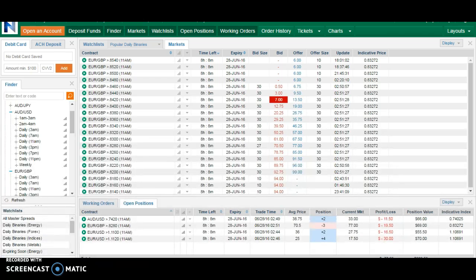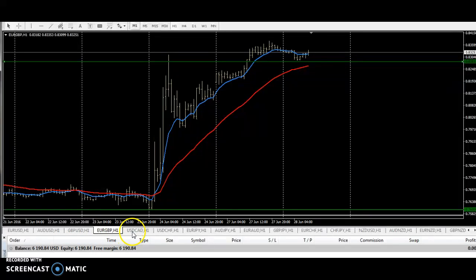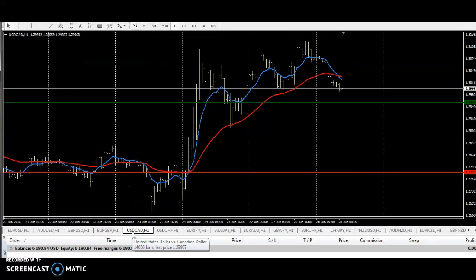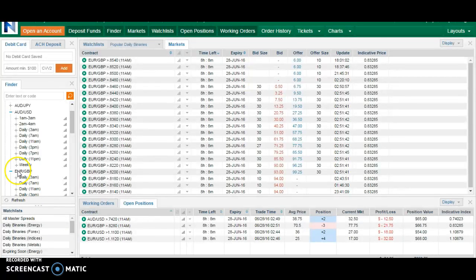Did we trade the CAD yet? US CAD was another one I was looking to come down at 29.60. Let's see what they're getting over on Nadex on the CAD there.